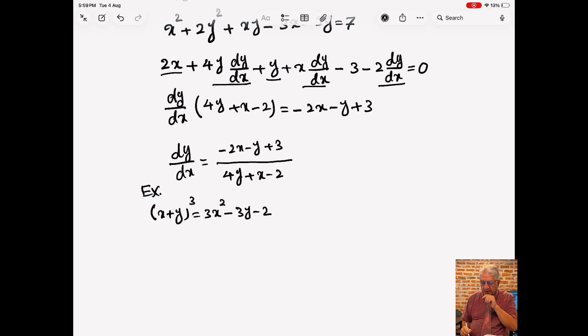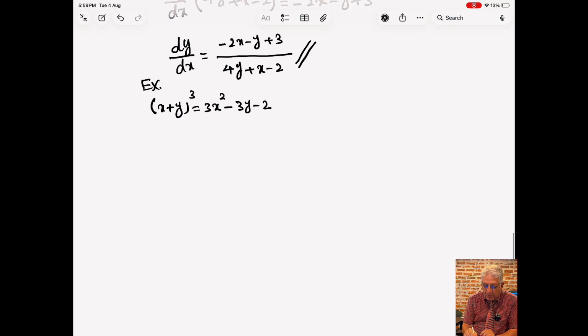First of all, it is asking us to differentiate this and find dy by dx in terms of x and y. That means exactly the same as we have done here.